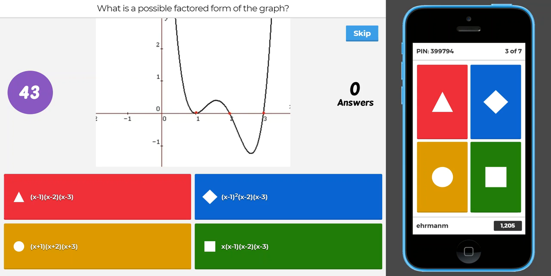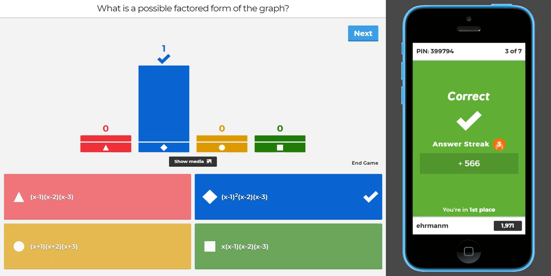And so this little section right here, if I were able to zoom in, would look like a parabola that has a power of x squared. So that factor at that position has to be squared. While I like x minus 1, x minus 2, and x minus 3, I think the answer that we're after is (x minus 1) squared because of this multiplicity, x minus 2, and x minus 3. So I'm going to go with blue diamond as this answer. And that looks like a good one here.